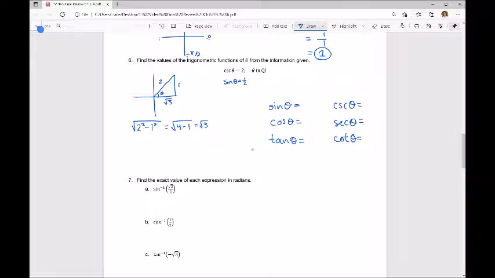Sine was 1/2, cosecant was 2. Now let's find cosine. From the triangle, cosine should be root 3 over 2. So that means secant is 2 over root 3. And then finally, tangent should be 1 over root 3. So cotangent must be just root 3. And that is all there is to number 6.